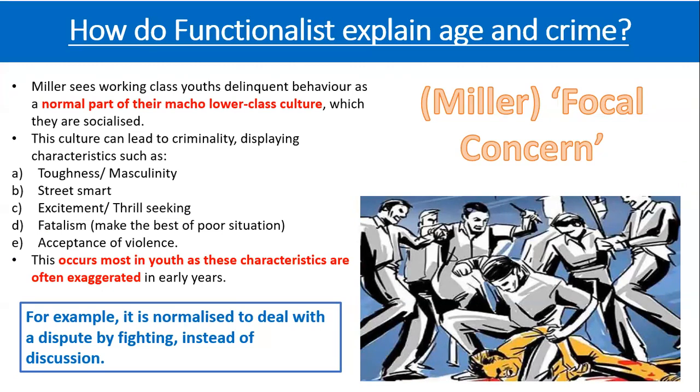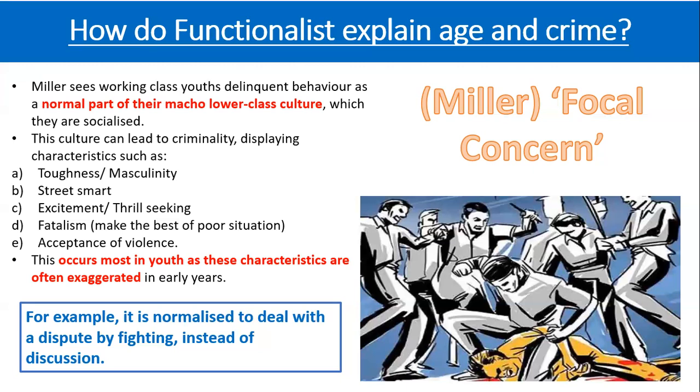So this occurs most in youths as these characteristics are often exaggerated in early years. So they're more likely to be extremely accepting of violence. They might be going overboard at displaying that street smart and toughness, and they might have to prove it through violent means.